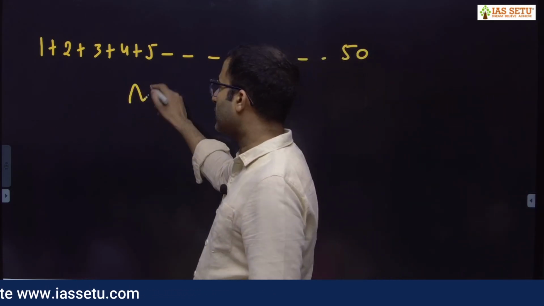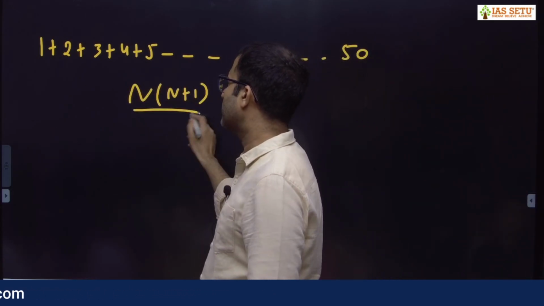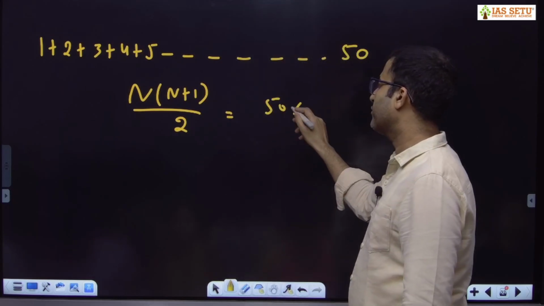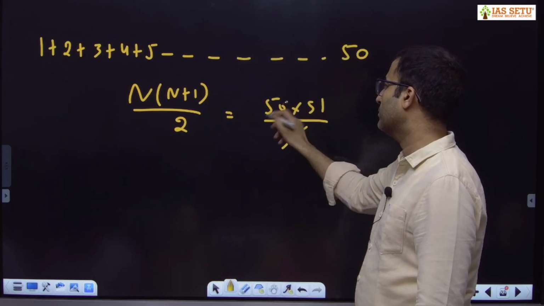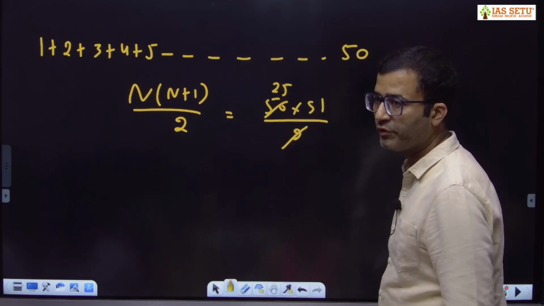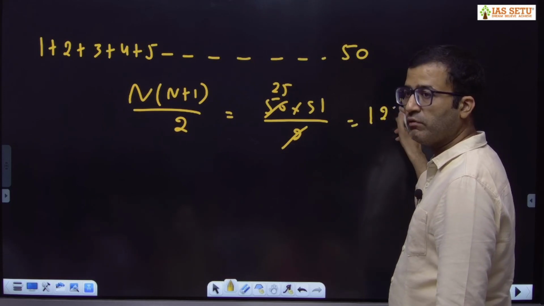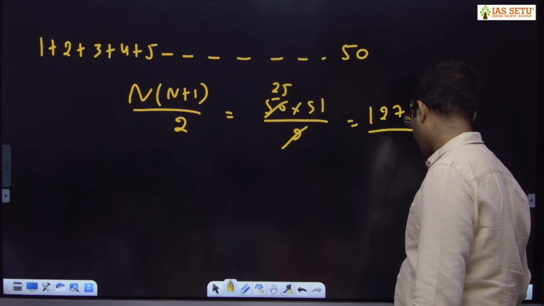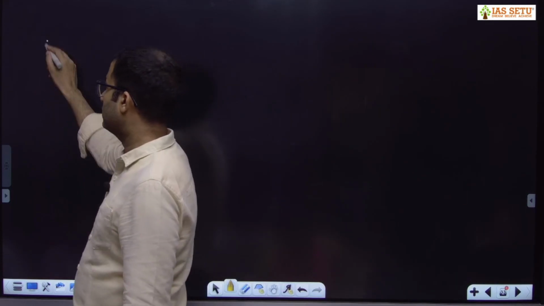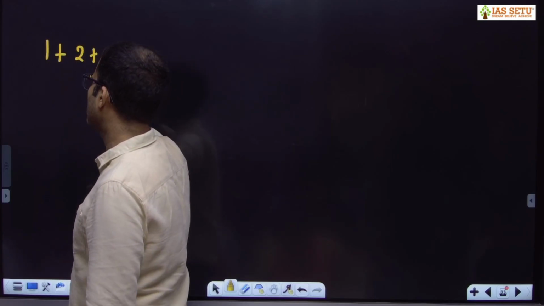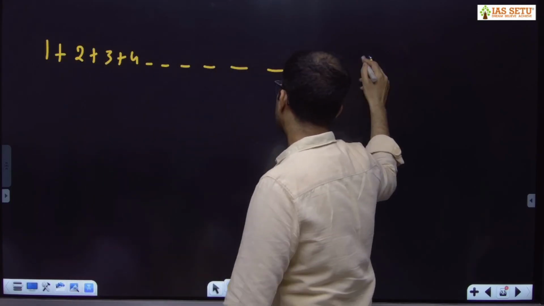So it is n into n plus 1 divided by 2. So this is 50 into 51 divided by 2. So it is 25 into 51. What is your answer? 1275.